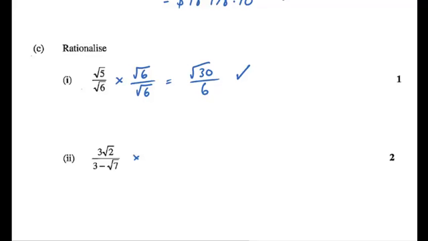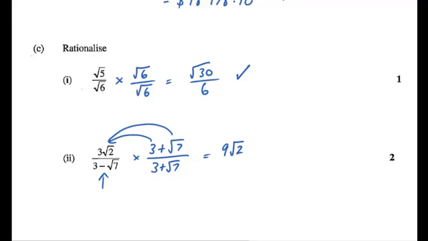The second one, we have to multiply by the conjugate of this denominator, which means we multiply by 3 plus root 7 over 3 plus root 7. Now, most people knew that that's what you had to multiply by, but they didn't do the multiplication correctly. So you have to multiply both of these terms by what's on top. So 3 times 3 root 2 gives me 9 root 2.